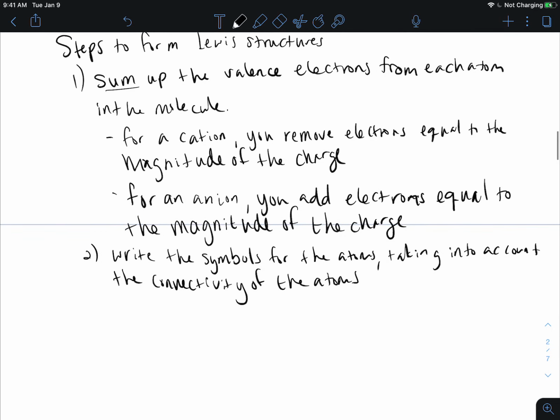Okay, so what atoms are attached to what? This requires a little bit more explanation. So whenever you're given a chemical formula, generally the atoms are written in the order in which the atoms are connected.